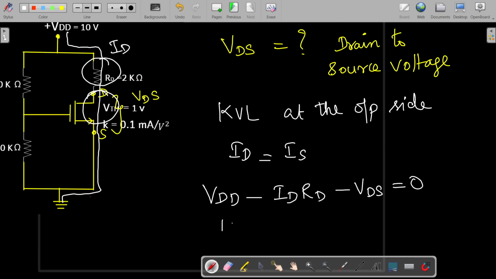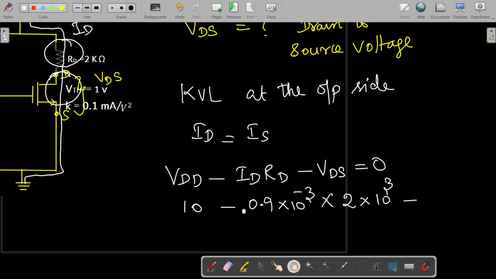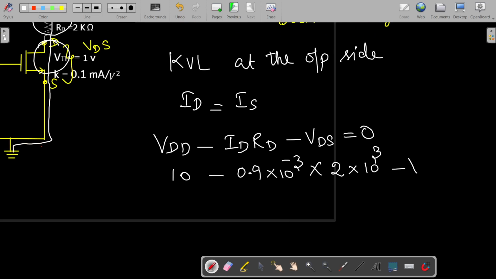VDD is 10 volts minus ID, already calculated as 0.9 milliamps, so 0.9 into 10 power minus 3, times RD, given here as 2 kilo ohms, so 2 into 10 power 3, minus VDS, the unknown, is equal to 0.